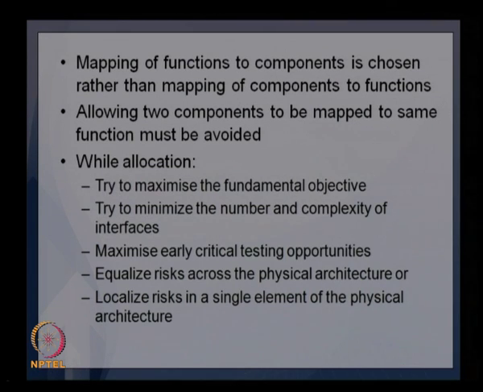These are the different points to be noted while allocating the architecture or selecting the allocated architecture. Since we can have multiple allocated architectures, we need to choose one of them, and when choosing, the focus should be based on these five points. That is, you try to optimize the design objective, you try to have simple interfaces or fewer interfaces, and try to reduce the risk by equally allocating it to different components, or localize the risk in one component, and then choose that architecture for a particular system.